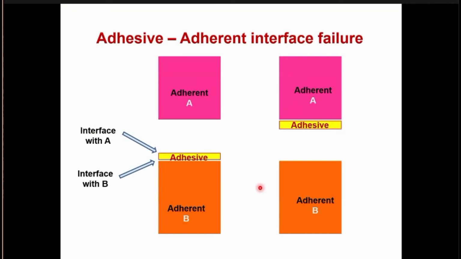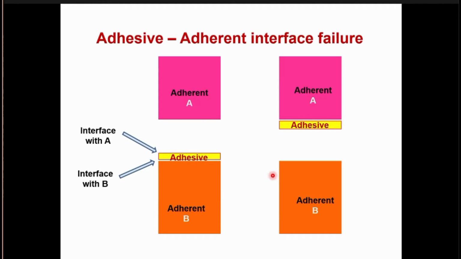Right. So these are more examples. Adhesive failure can be at either interface. For example, if we are joining two materials A and B, and A can be separated from adhesive, still we call it adhesive failure. And if B is separated from adhesive, still we call it adhesive failure.